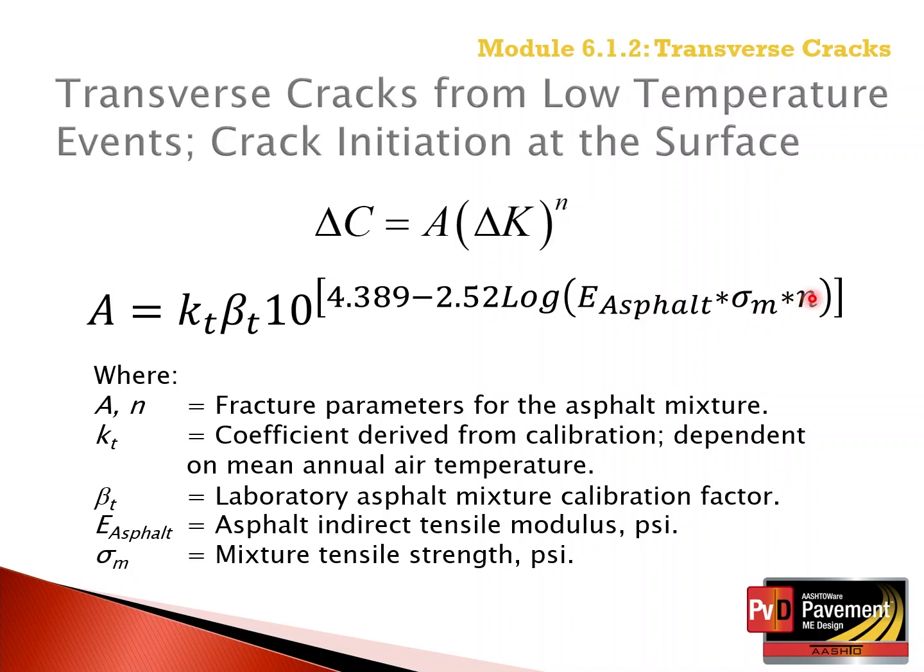The N fracture mechanics variable is defined on the next slide along with determining the stress intensity factor K. The K sub T and beta sub T variables are calibration coefficients, which will be defined shortly within this module.